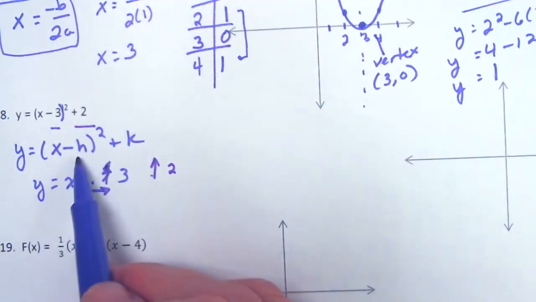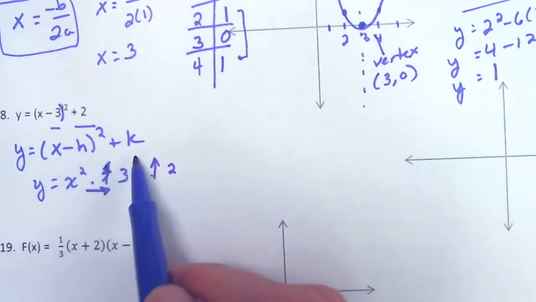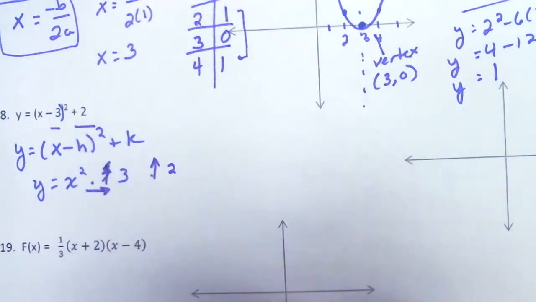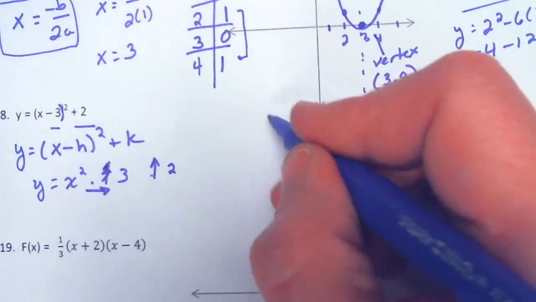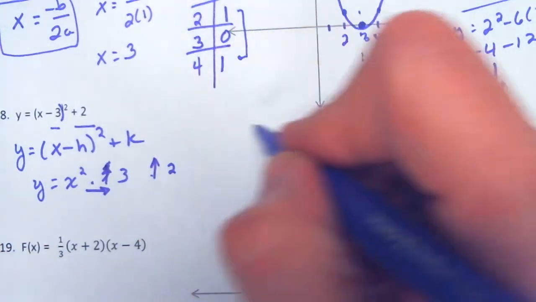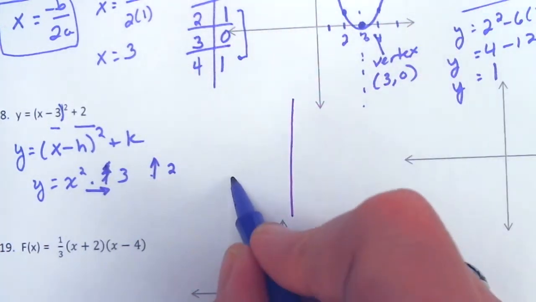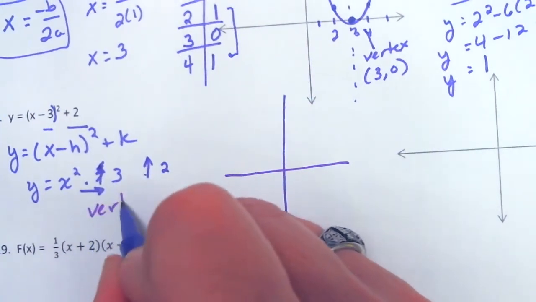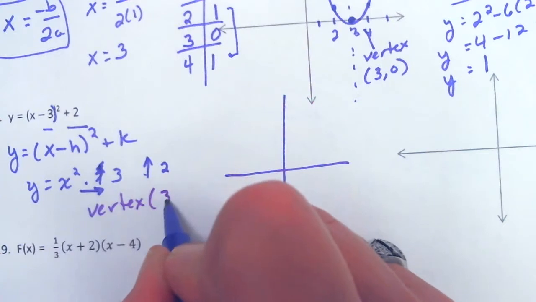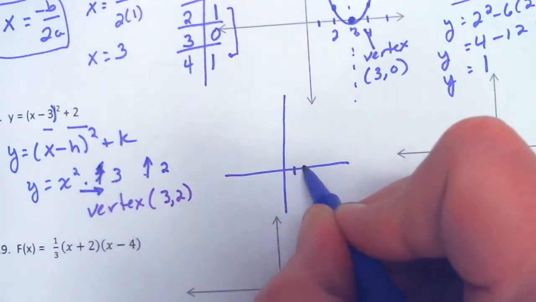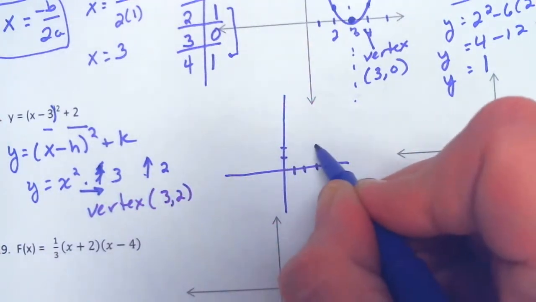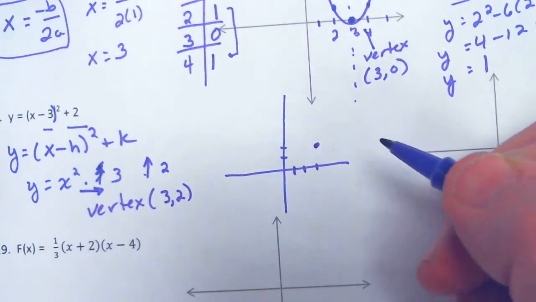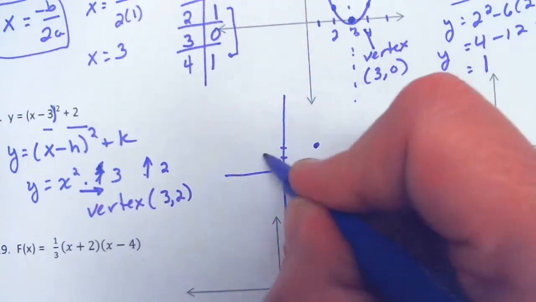Okay, because h tells you how far left or right to go, and the k tells you how far up or down. So for this, I don't want to have to go all the way over there. So my first point, the vertex, is going to be at 3, 2. So over 3, 1, 2, 3, up 2. Okay, that'll be my first point.